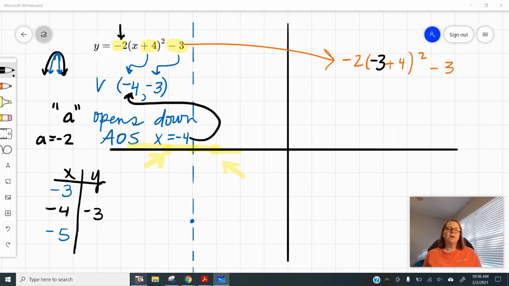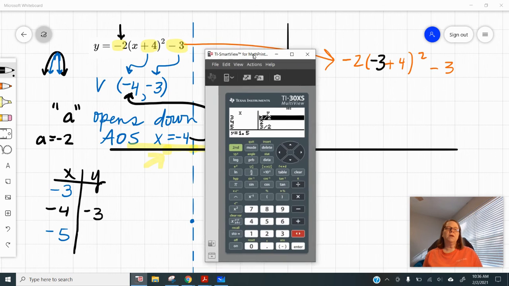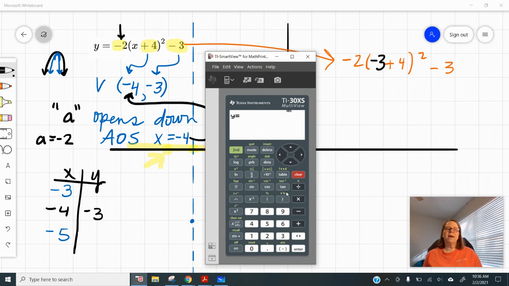If you have a calculator with a table on it, then you can do that. You can go to table and type it in exactly the way it was presented to you with the x value, -2(x+4) squared minus 3. And I want to go to -3. So I'm going to change that.